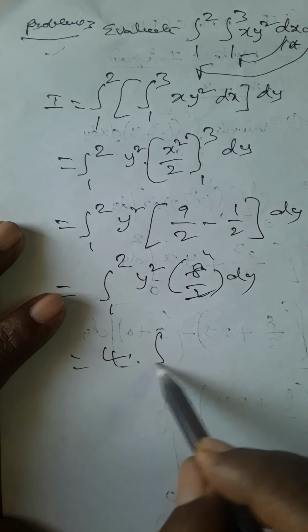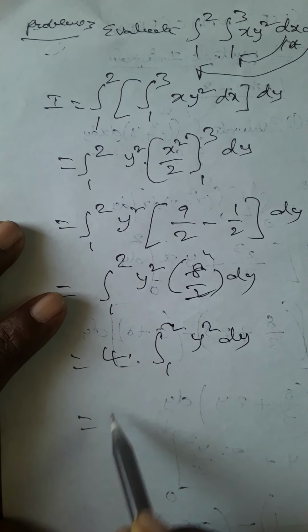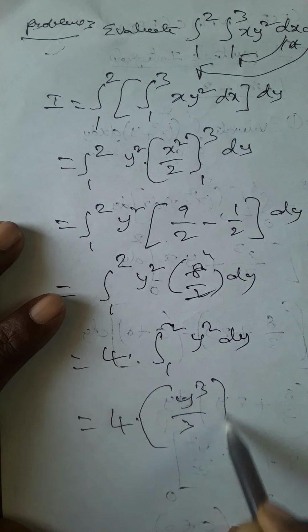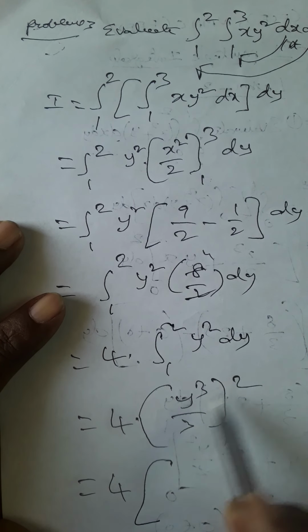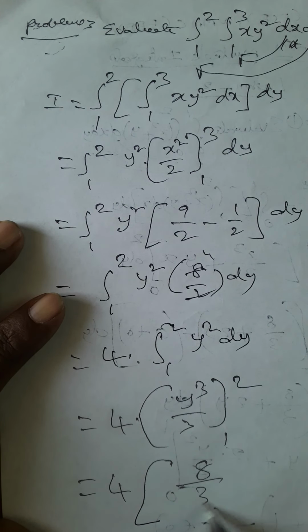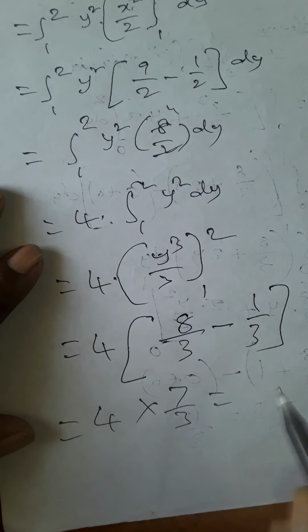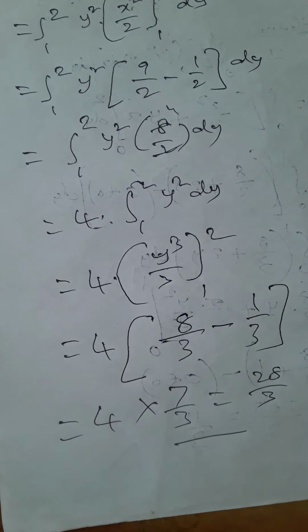Integral 1 to 2 y square dy, 4 integral y square is y cube by 3, 1 to 2, 4 into 2 cube 8 by 3 minus 1 cube 1 by 3, 4 into 7 by 3, 28 by 3. Now observe the difference.